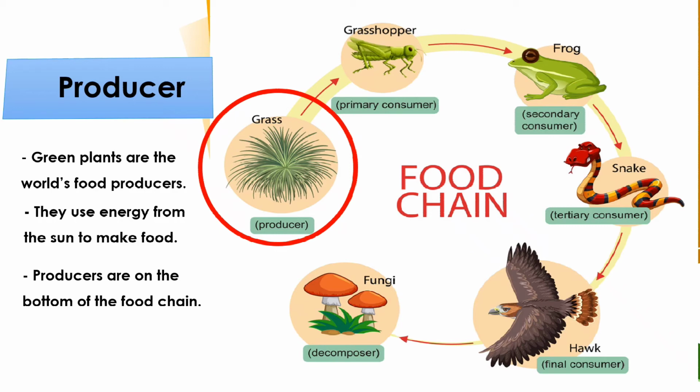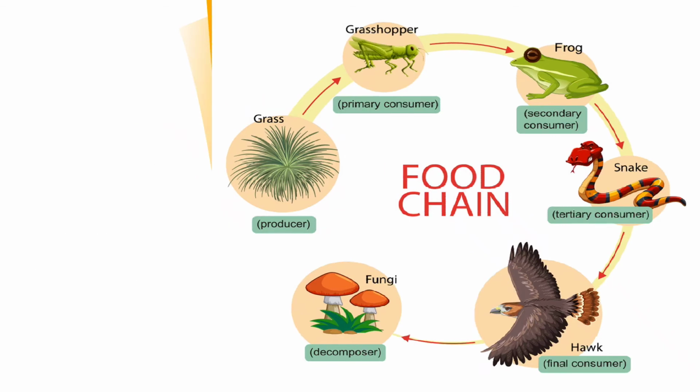So the producers are at the bottom of the food chain, or they are first in the line, because they produce or give food to living things. Okay, the second part of the food chain is the consumer.